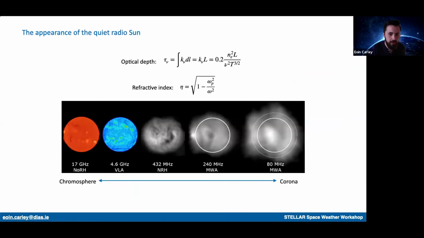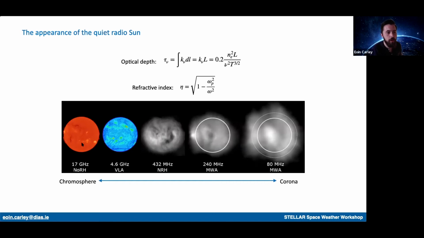So these two formulas here that I just described kind of describe the appearance of the quiet radio sun almost in a nutshell. There's more to it, but the reason why as we go down in frequency, we see further into the corona and eventually the chromosphere is because of the changing optical depth with frequency and inverse frequency here, okay?